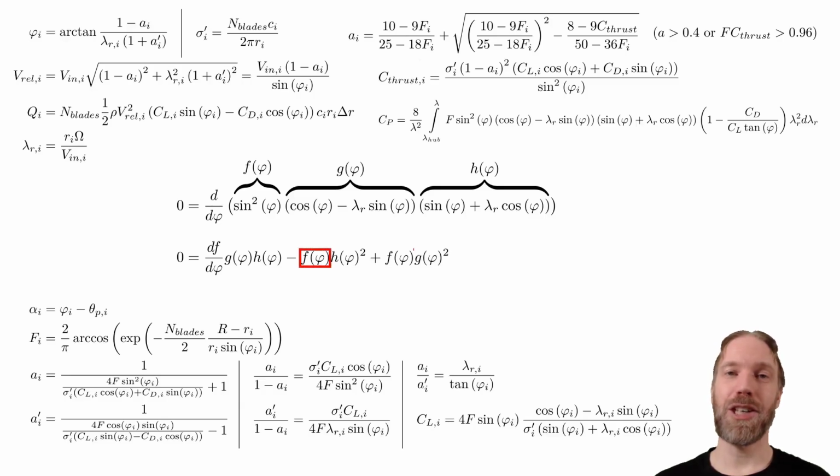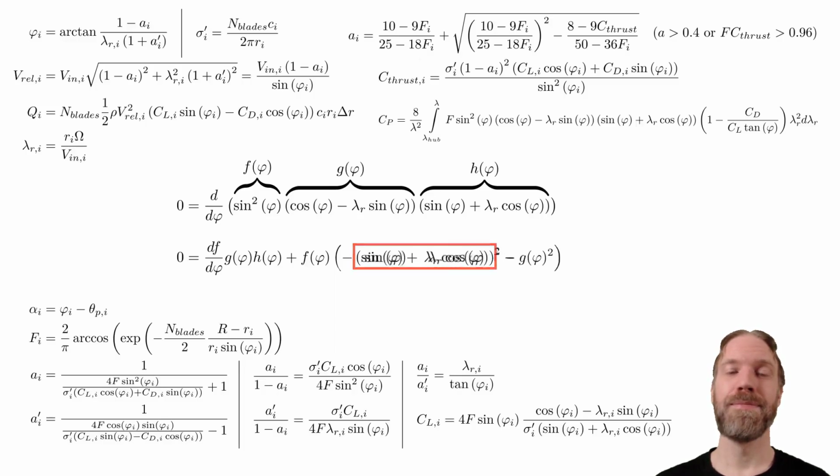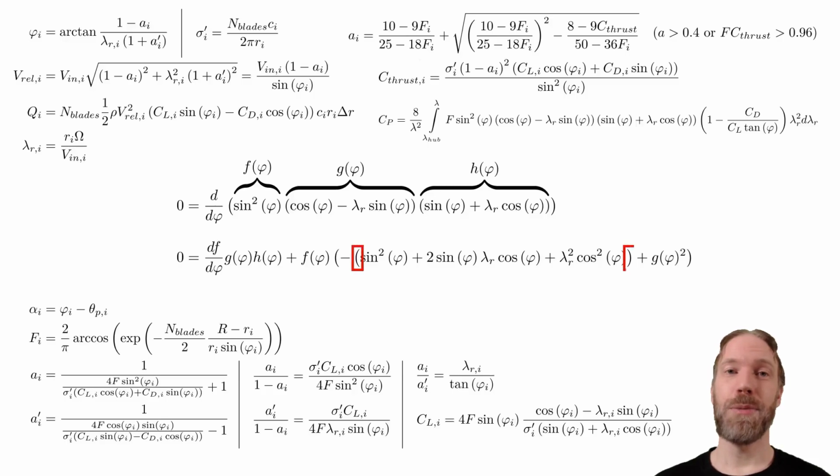F of phi is a common factor. Insert expression for h of phi. Expand the square. Remove parentheses.